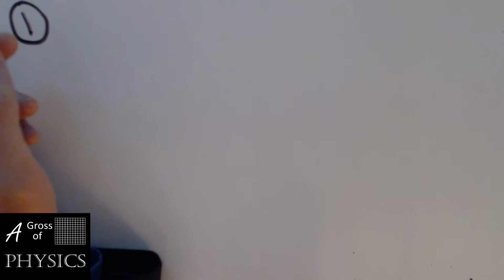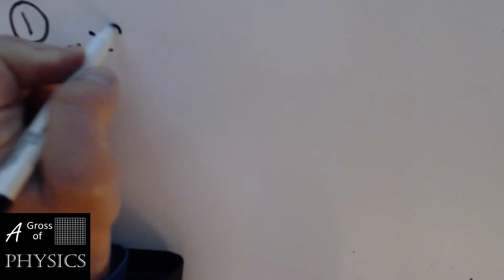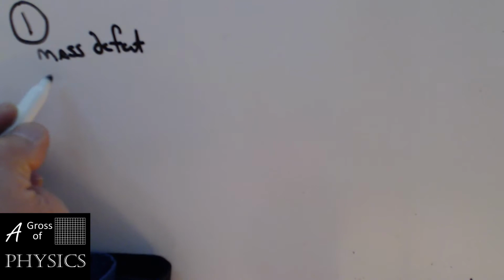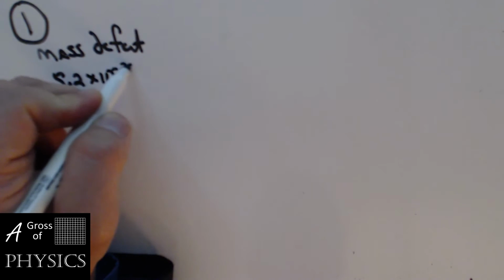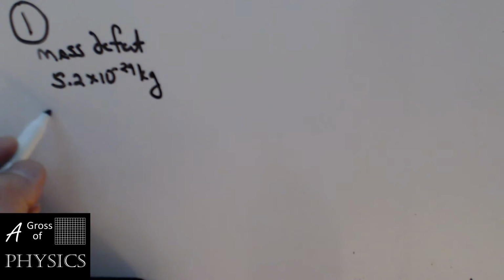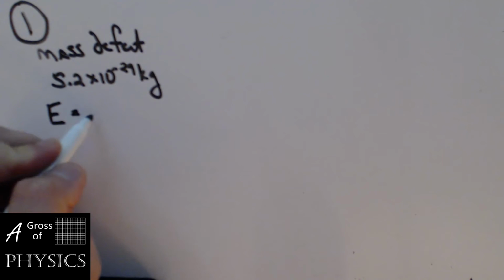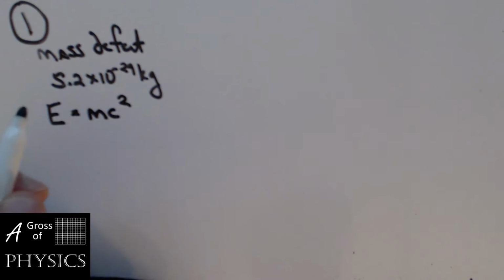All right, on to modern physics. Question 1 says, what's the approximate binding energy of a helium nucleus that has a mass defect of 5.2 times 10 to the negative 29 kilograms? Well, in order to figure out the energy given a mass, we have to do E equals mc squared.